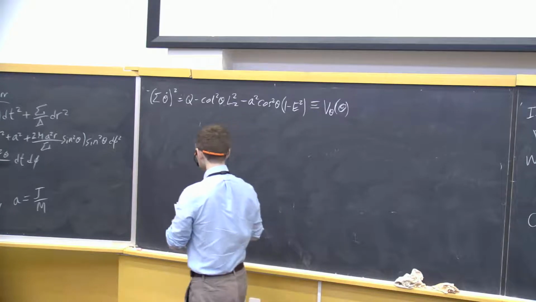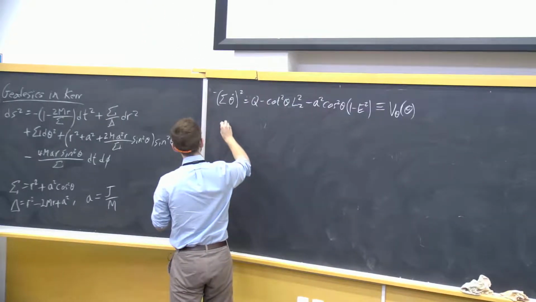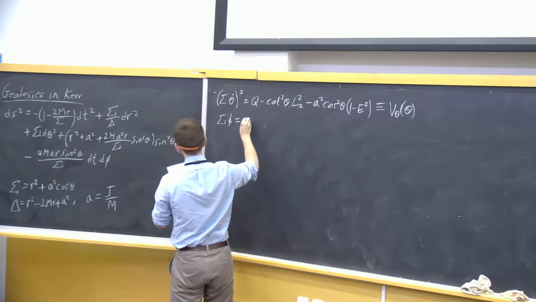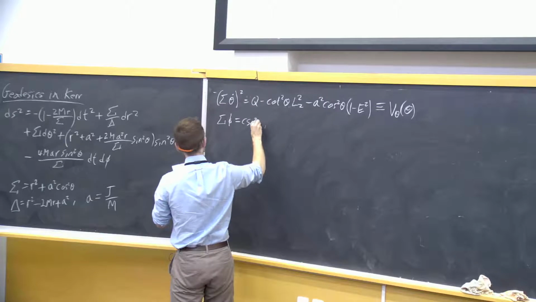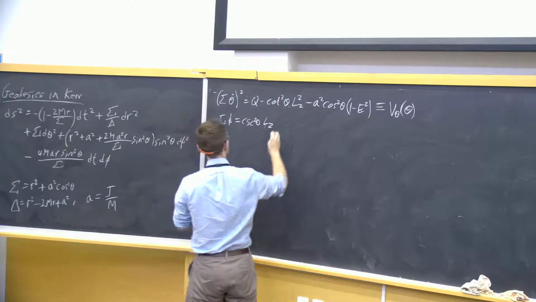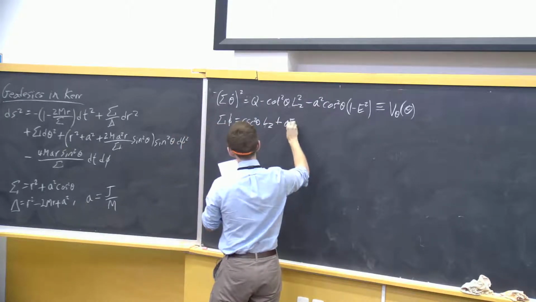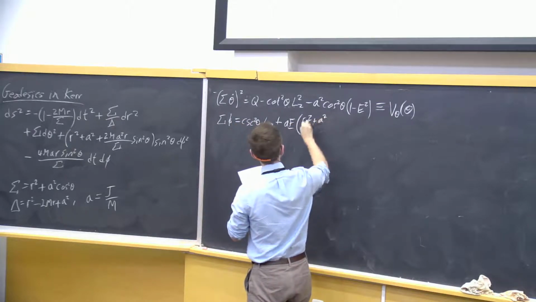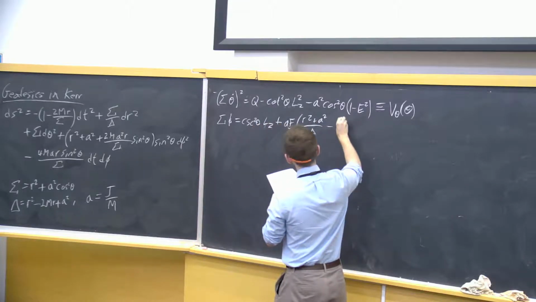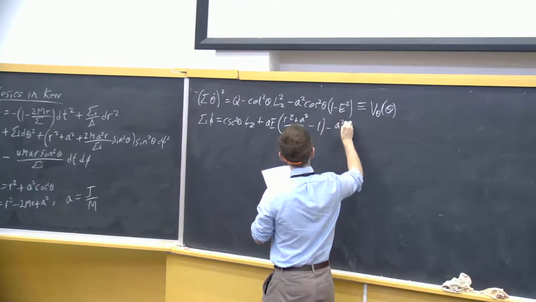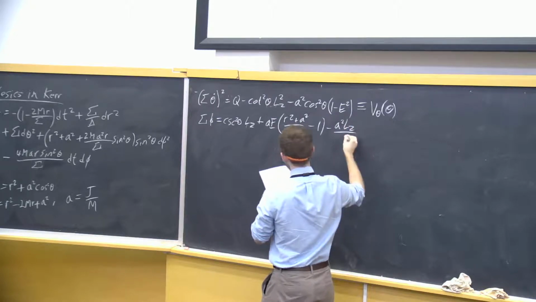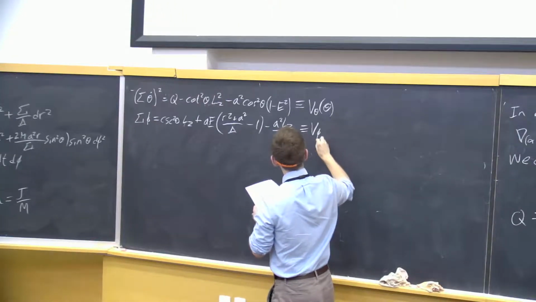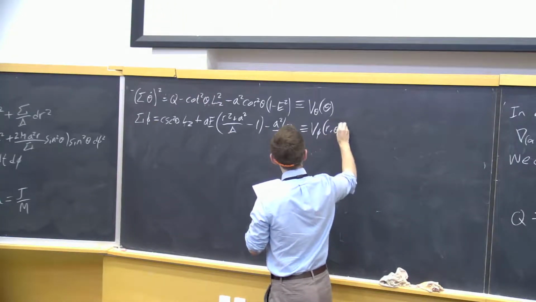And last we have Lz plus AE times R squared plus A squared over delta minus 1 minus A squared Lz over delta. And I'll define that to be V phi of R and theta.